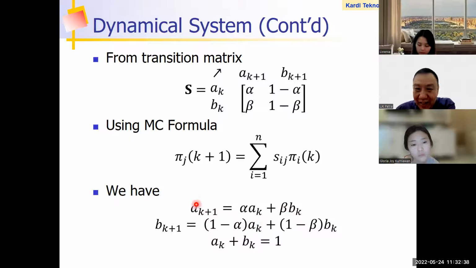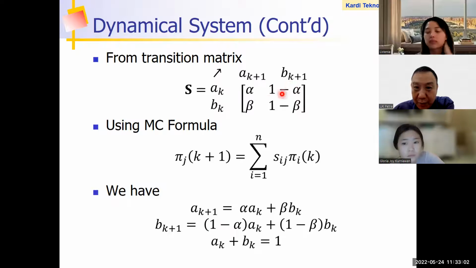Okay, can you get this? Davy, can you get this or not? This first equation, yeah, this comes from this MC formula. The same thing. So now you go to the next column, right? Each column is one equation. So the next column you get again 1 minus alpha.